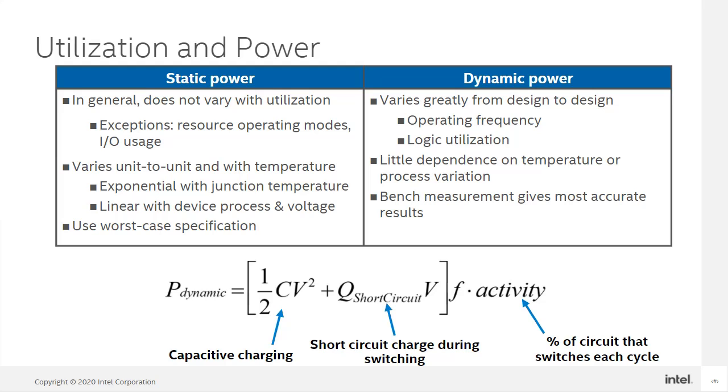Looking at the equation, the only factors a design can affect are the operating voltage, the operating frequency, and signal activity. The device can be run at a lower operating voltage, or the design could be run at a lower operating frequency, but reducing signal switching activity in a design is the single best way to reduce overall dynamic power.